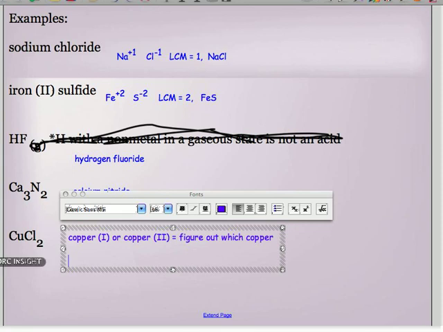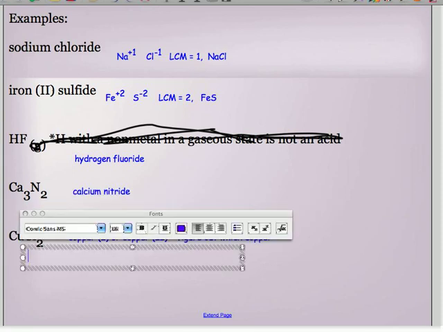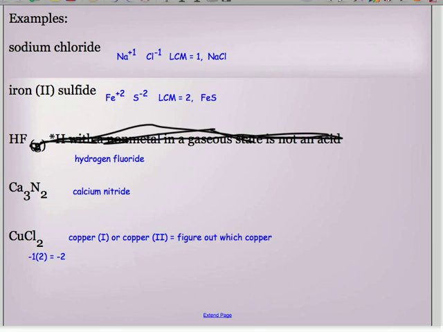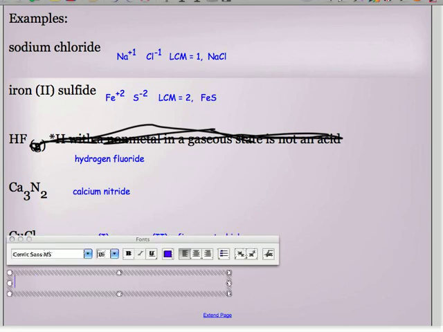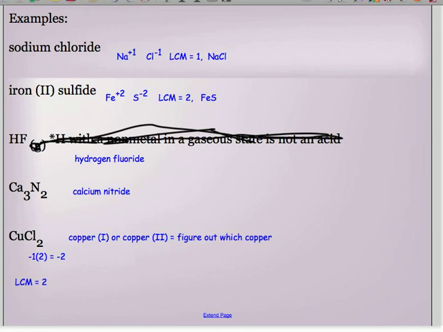So what you have to do is look up chlorine. Chlorine is -1, and there's 2 of them, which means our lowest common multiple is 2. So you have to say, okay, I have 1 copper. My lowest common multiple is 2. So which charge does it have to have to make this neutral?